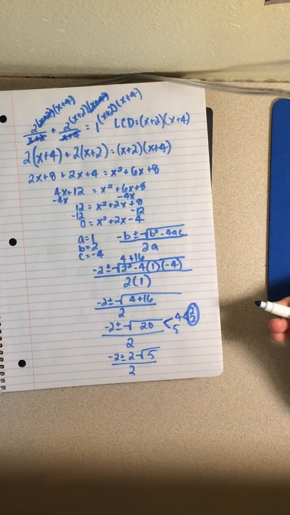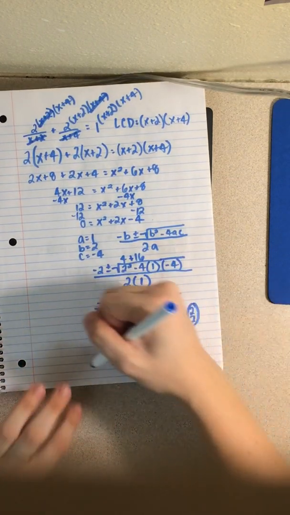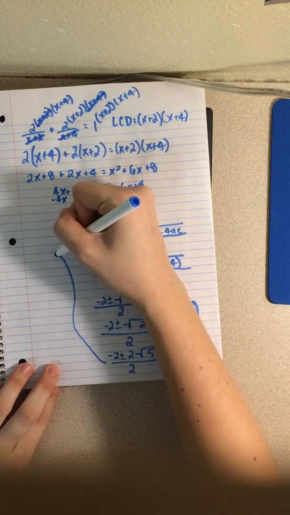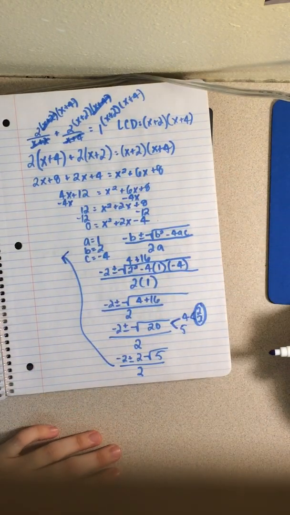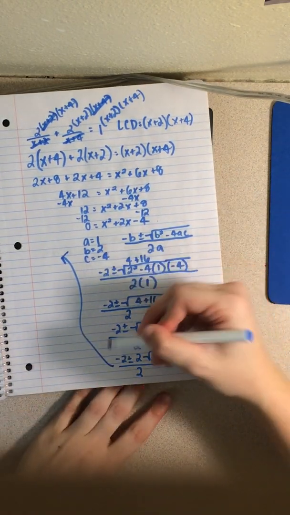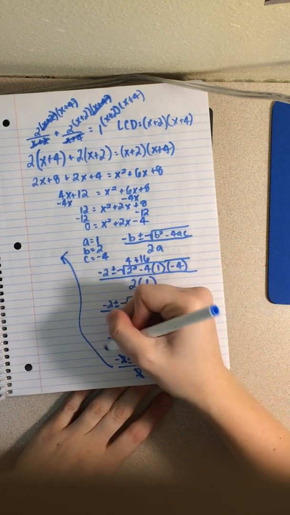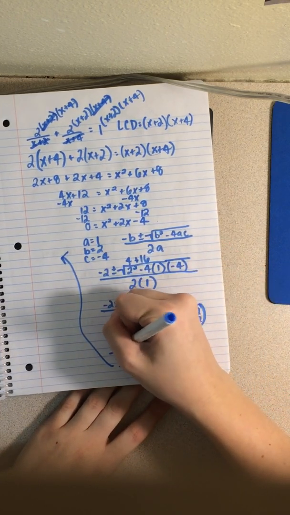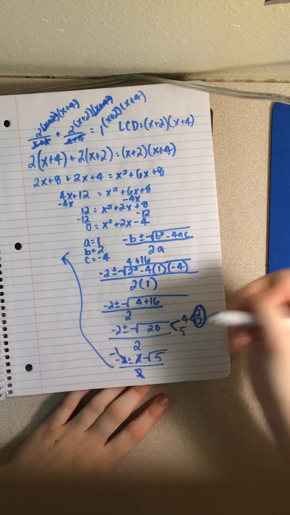And this can simplify. I'm going to move this up here. So this can simplify down because this factors out and it'll be negative 1, and then this cancels out, which is just 0.